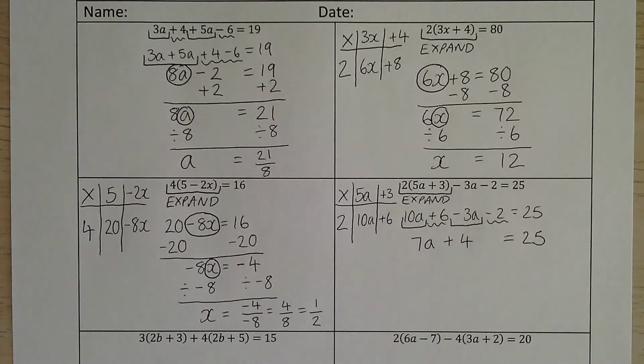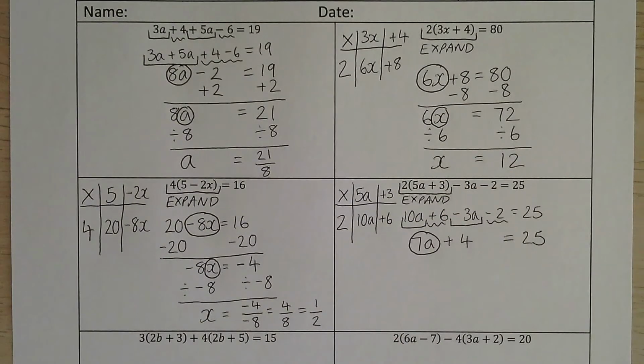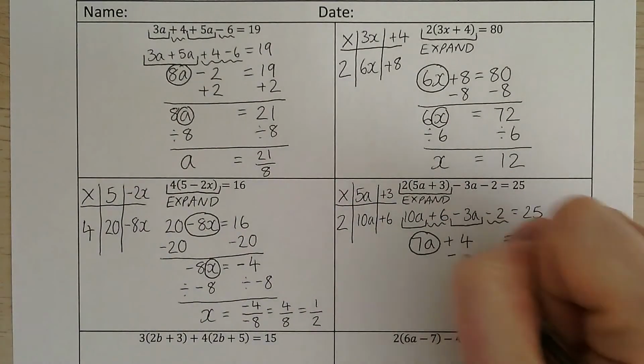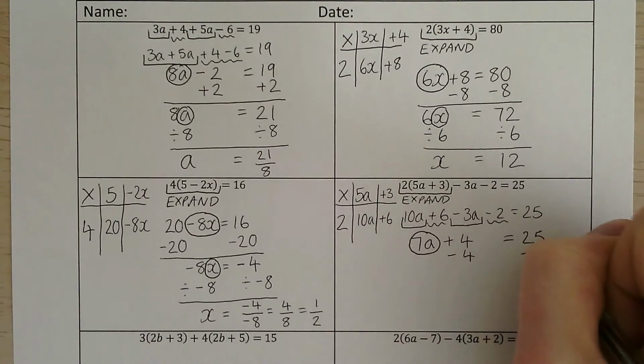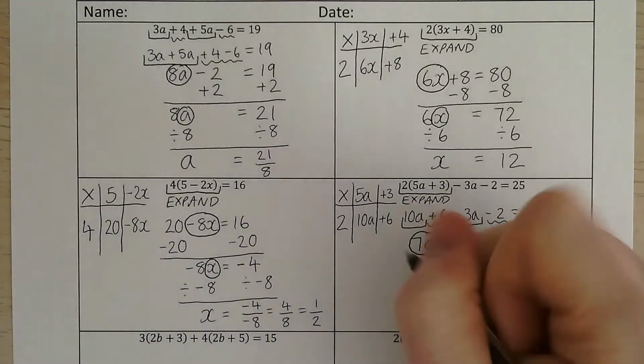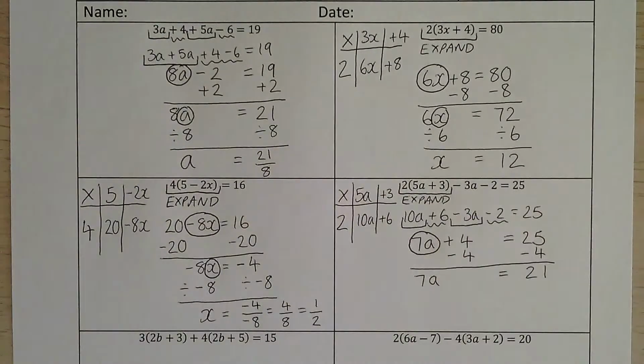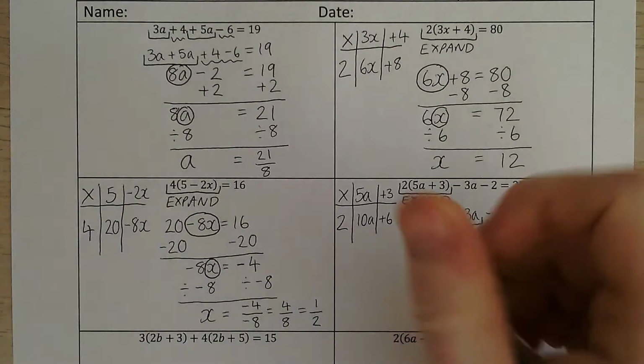Now we need to solve the equation, so I isolate the term, and I need to get rid of the positive 4, so I'll subtract 4 from both sides of the equation. That's going to leave me with 7a equals 21. And now I need to isolate the variable.